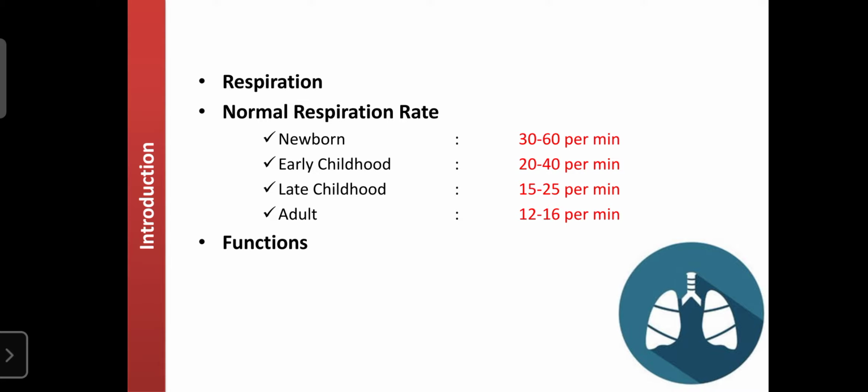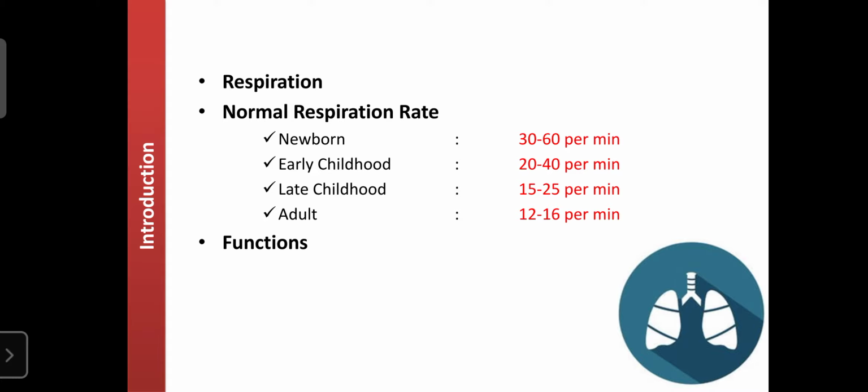So they require more biochemical reactions, and therefore more oxygen. That's why the newborn has a higher respiration rate as compared to us, depending only on the growth rate or metabolic process, which is more in a newborn than in an adult.